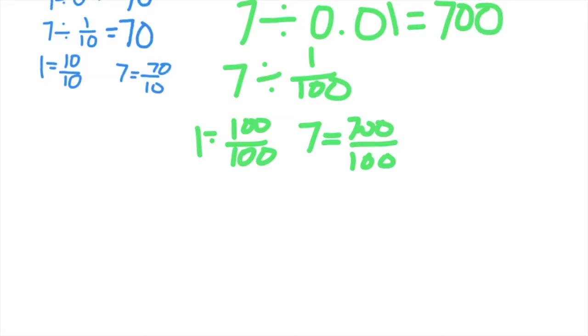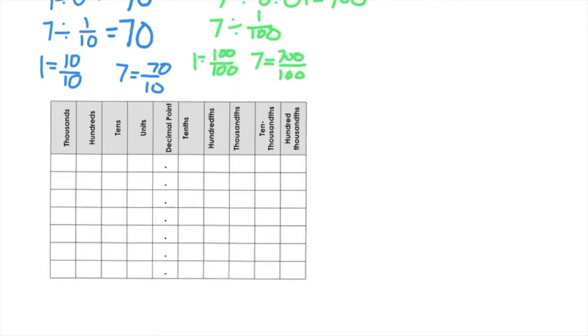Now, I'm going to show you how to do this if you have a place value chart, or even if you don't, just how you can think about it differently. Let's say you have a place value chart that looks like this. We've seen one of these before. We got our place values at the top, our decimals here. When we were first learning how to say things, we would say the whole number, at the decimal place we would say "and," then we would say the number after the decimal, and end with whatever place value it ended at.